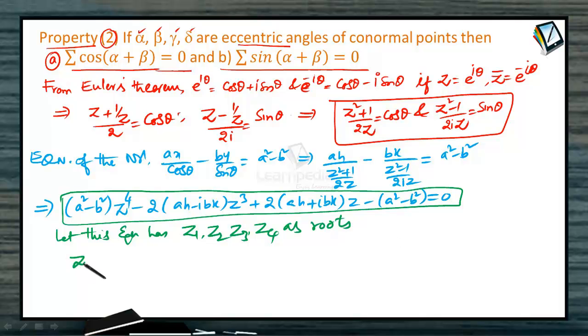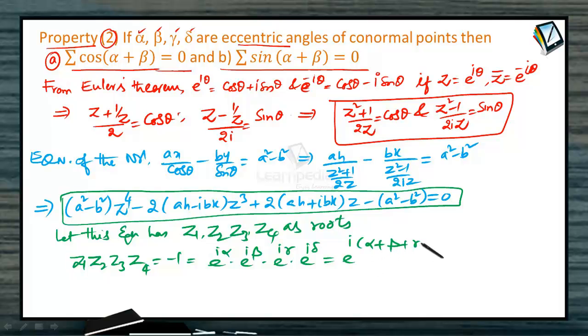Then from the theory of equations, the product of the roots z1 z2 z3 z4 is equal to -1, which can be written as e^(iα) e^(iβ) e^(iγ) e^(iδ), which can be written as e^(i(α+β+γ+δ)) from the theory of indices. So this -1 can be expressed as -1 + 0i.